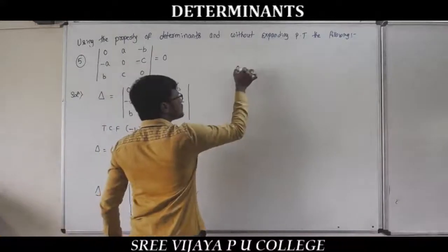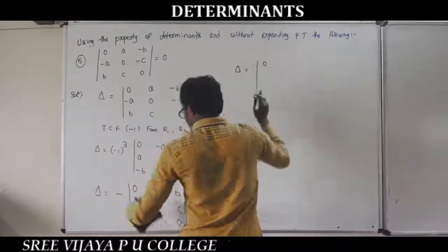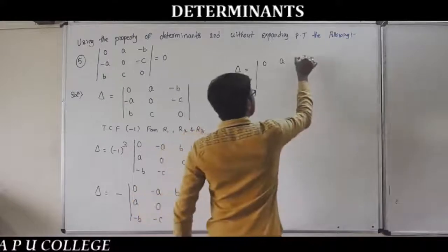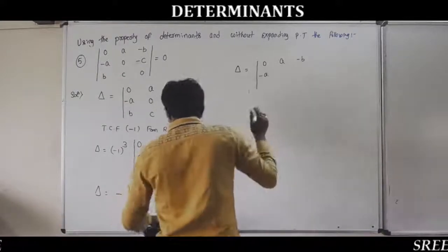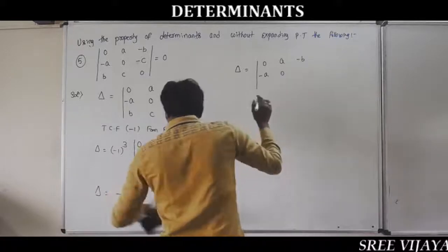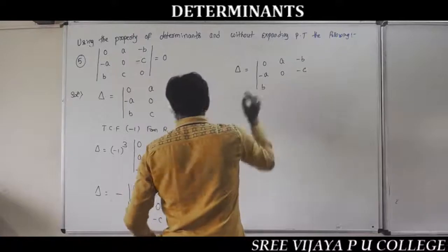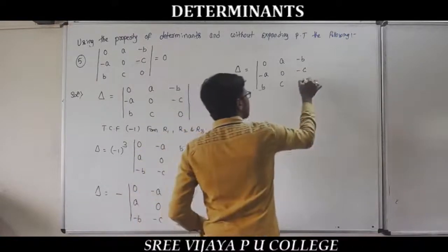Delta will be equal to: minus into 0 is 0, minus into minus a is plus a, minus into b is minus b; minus into a is minus a, minus into 0 is 0, minus into c is minus c; minus into minus b is plus b, minus into minus c is plus c, minus into 0 is 0.